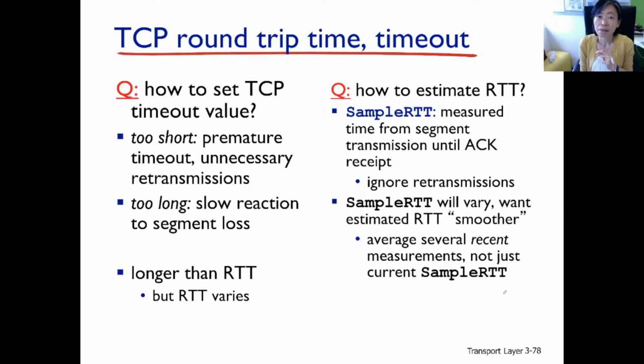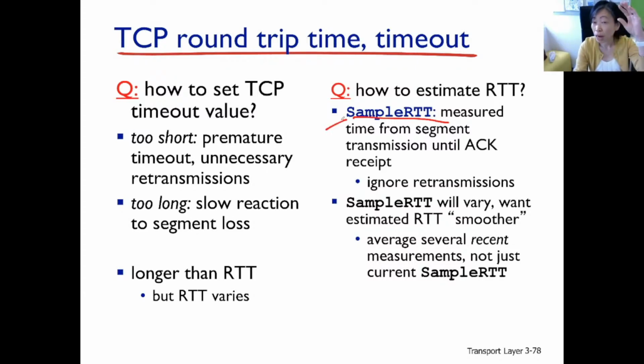And that is the idea behind how TCP estimates the timeout interval. In TCP, it needs to observe the round trip time repeatedly between the pair of sender and receiver. This is exactly how it's done. For a pair of data going out and the ACK coming back, it calculates the time difference between the receiving of the ACK and the sending of the data, and we get a sample RTT.